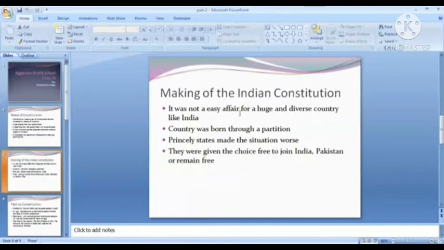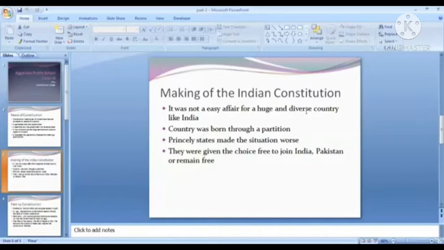And these problems are, number 1, a huge and diverse country. India is a huge and diverse country. In India there was a lot of diversity. People speak different languages, their culture was different, they lived in different geographical conditions.